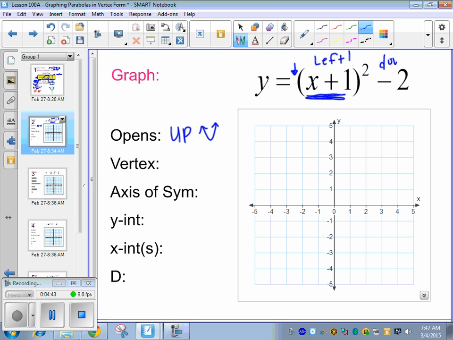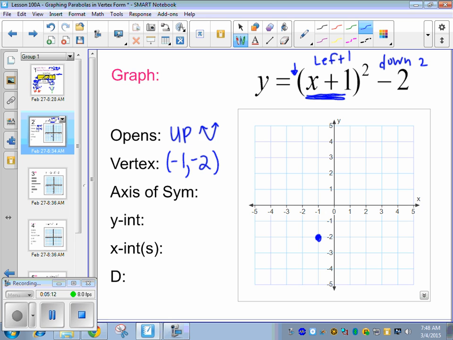This is going to shift down 2. So from the center, because that's where we start, we move left 1 because it says plus 1, that's opposite, and then down 2, and we put a point. That is the vertex of the parabola. So that coordinate point is -1, -2.